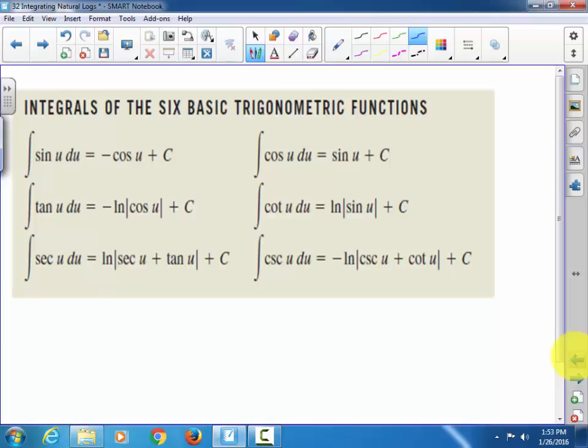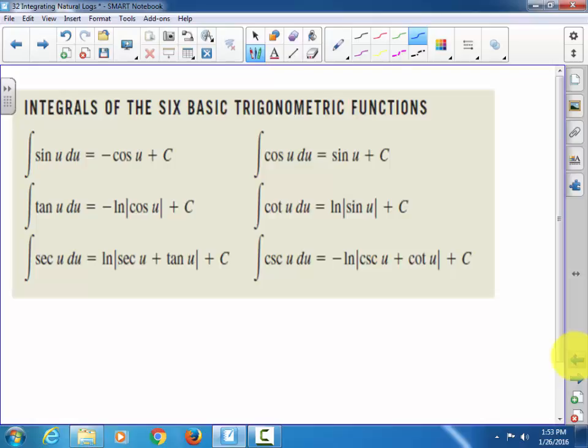These are 6 trig rules for integration. You can get to all of these by using u-substitution. Well, the first 2 you already know. The third one we just did. These last 3 you can get to by u-substitution. I don't recommend it. Just refer back to these if you need to.